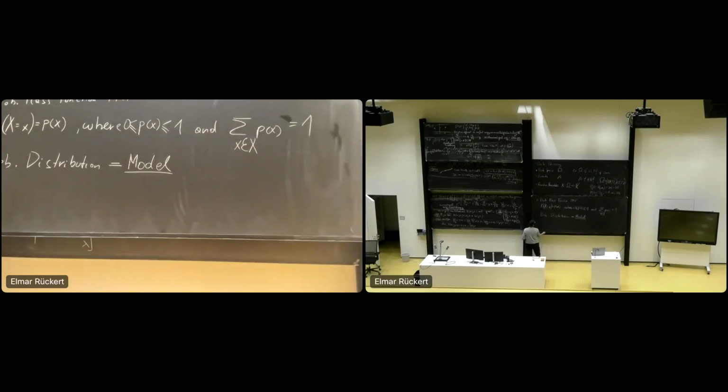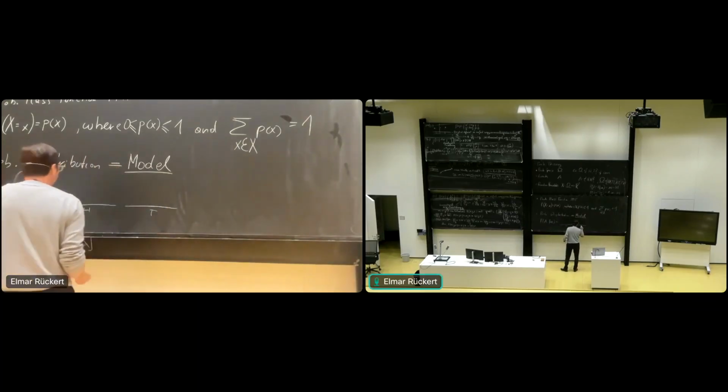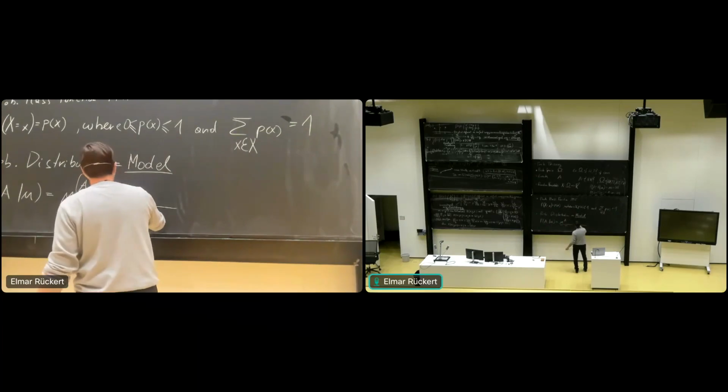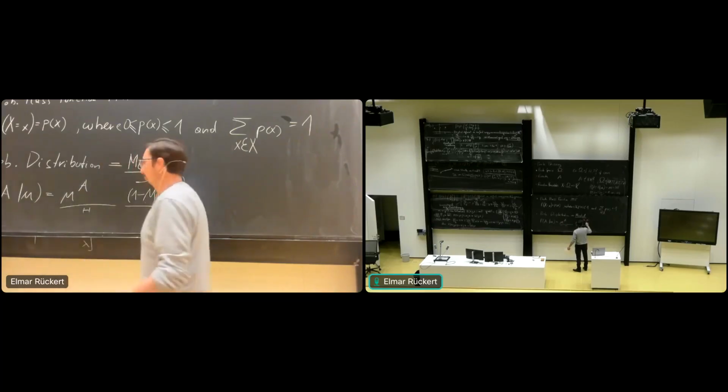Now for our coin experiment, I can define such a probabilistic model, P of A, given our model parameter mu, with one term for heads, one for tails. We have mu to the power of A is the probability that we observe heads, and the probability that we observe tails is 1 minus mu to the power of 1 minus A.